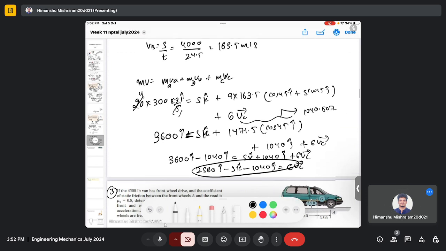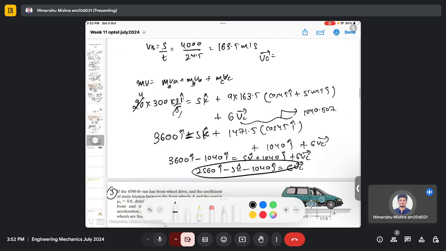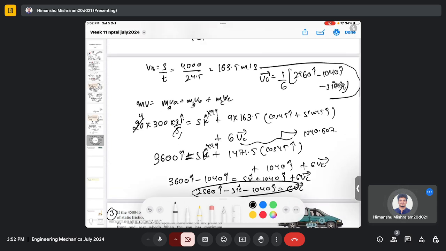This will be VC in the vector form, 1 by 6 of 2560 i minus 1040j minus 5k. Sorry, there will be a multiplication by 99, so this will be multiplied by 99. So this will be your vector quantity, the velocity of fragment C.